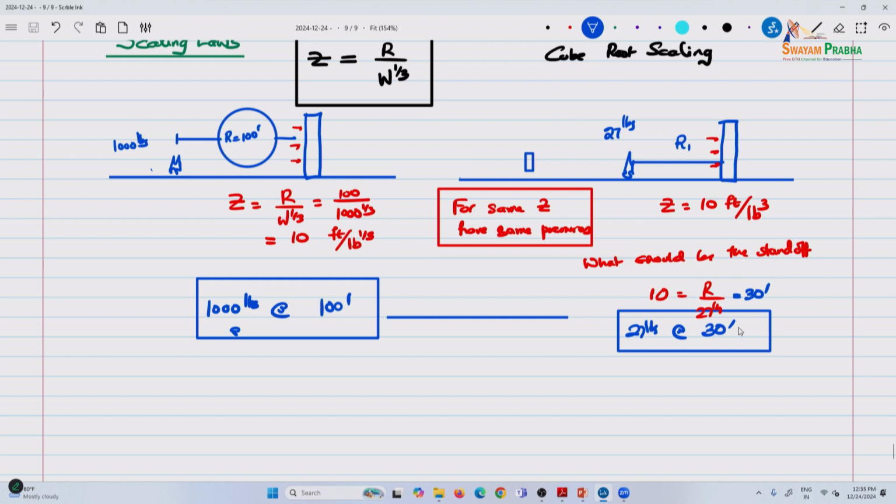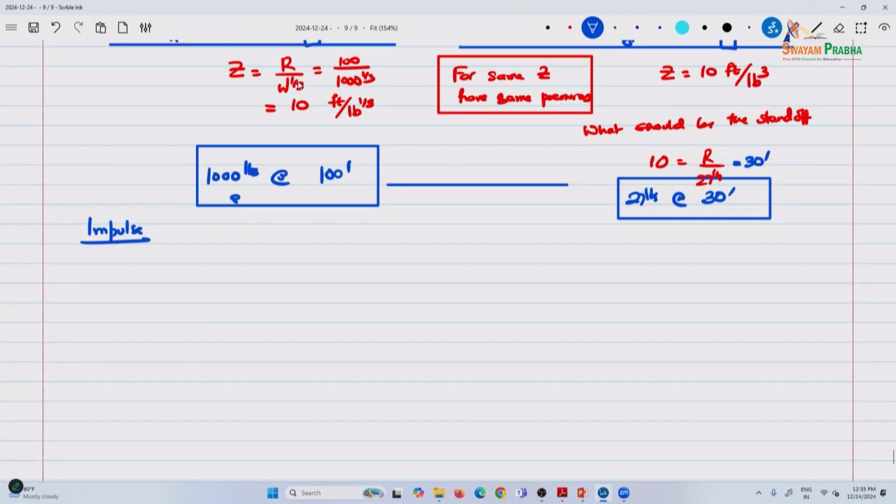The impulse, if you look at it, also scales. I1 divided by the cube root of W1 equals I2 divided by the cube root of W2. So in this case, 0.3 I1, because this is by 1000, is I2.